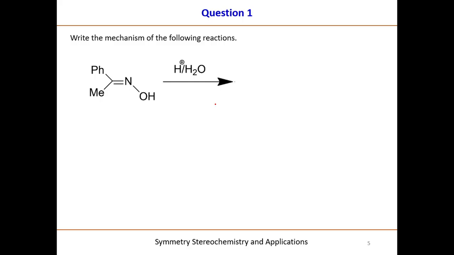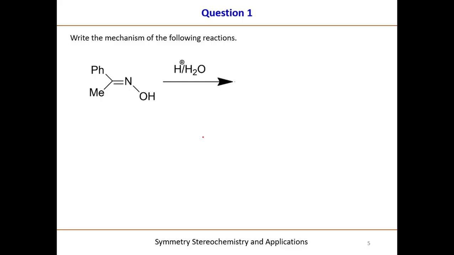What happened in this reaction? Here we have a ketoxime, and the OH group of this ketoxime or aldoxime can become a leaving group by tosylation.